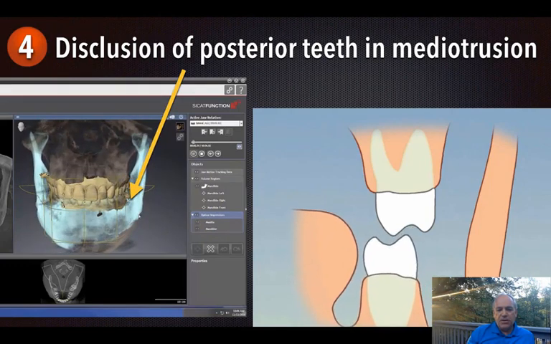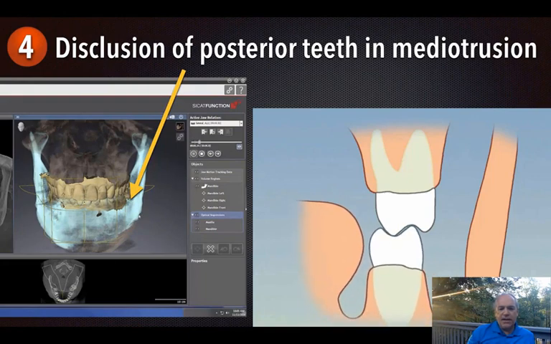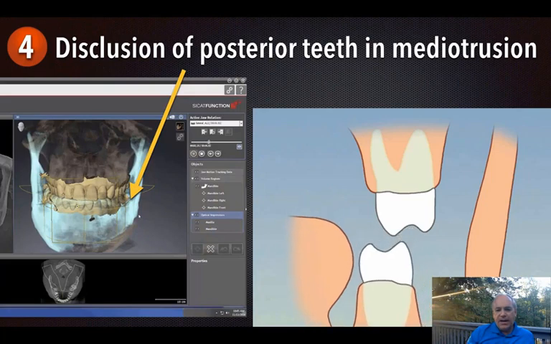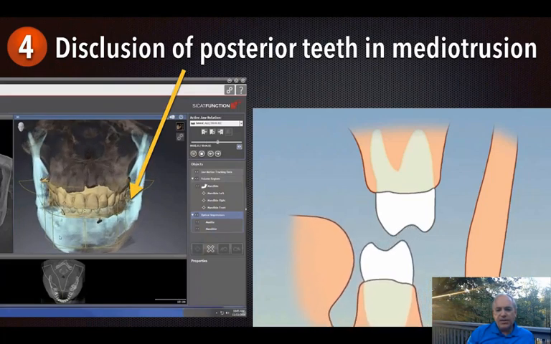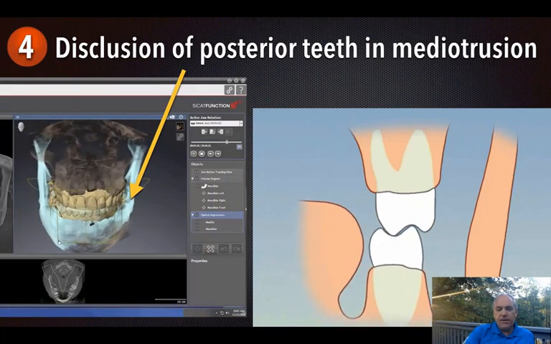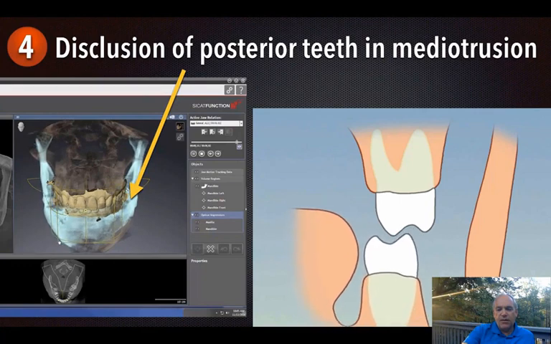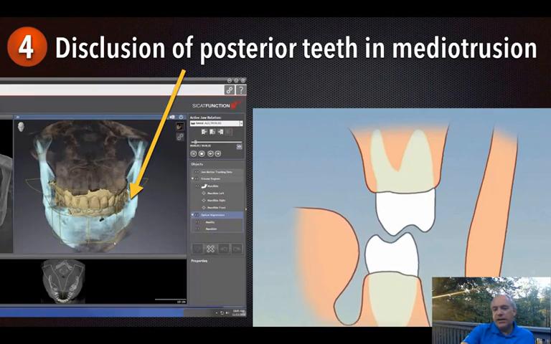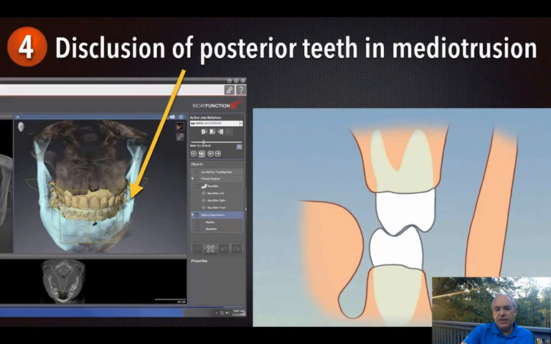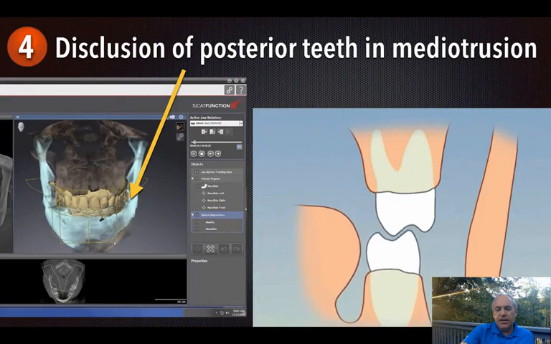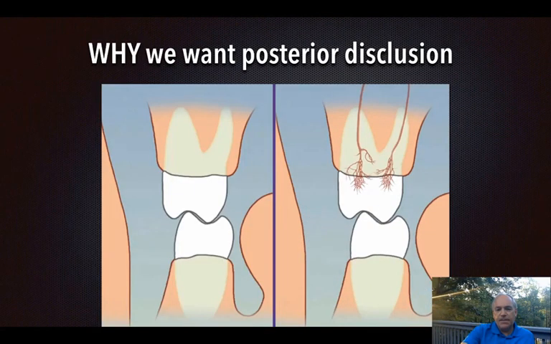Look at the picture on the left and you'll notice as the lower jaw moves to the mediotrusive side, how that condyle has to come down the articular eminence. It's very important in making sure that these don't rub, because this is really one of the most damaging interferences that we see that increase muscle activity.